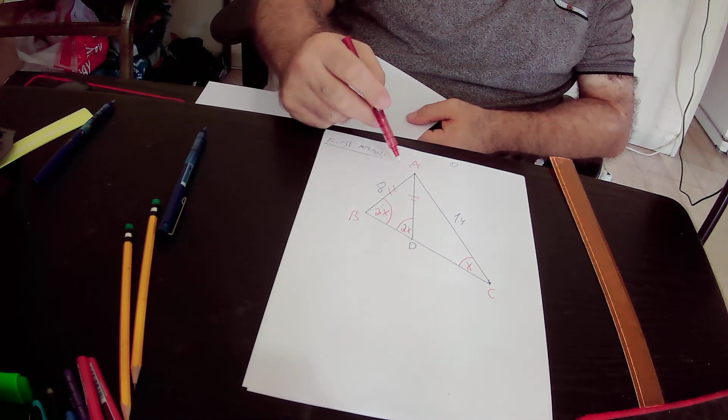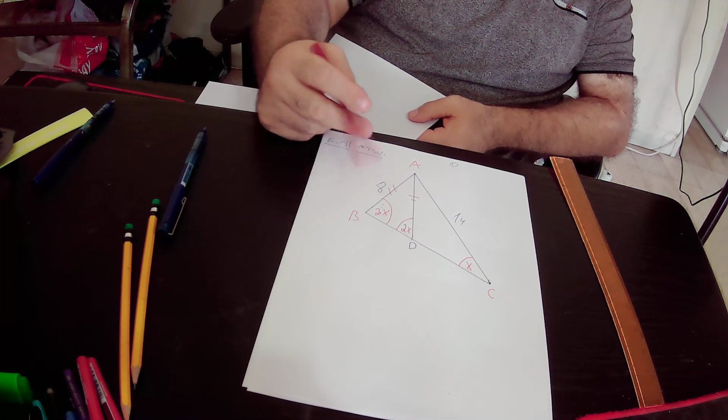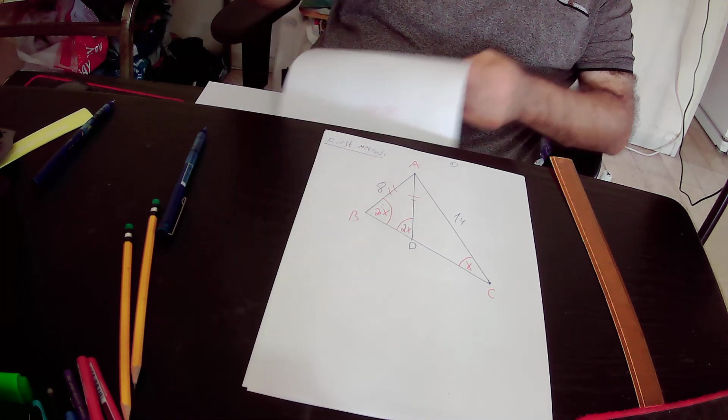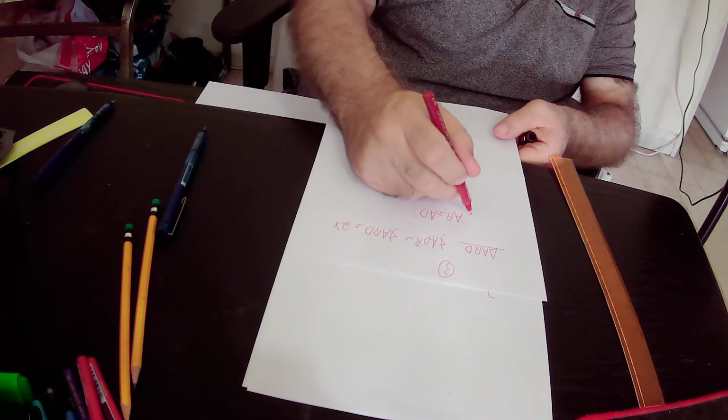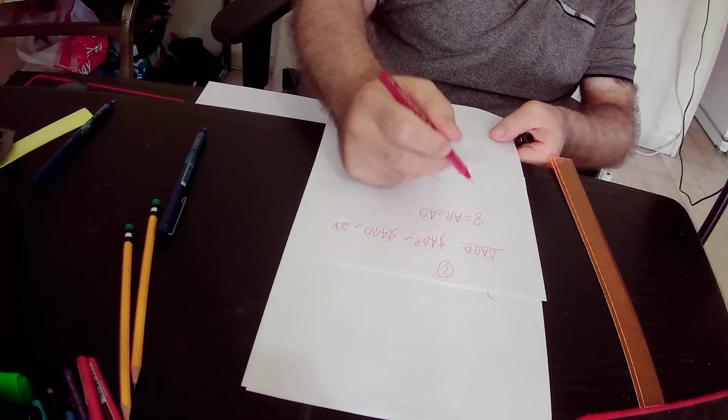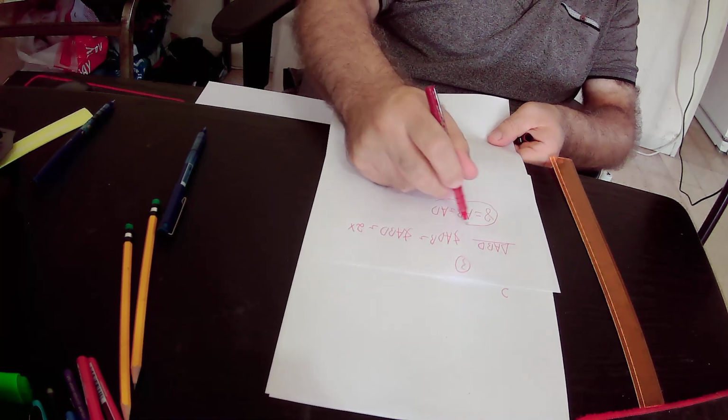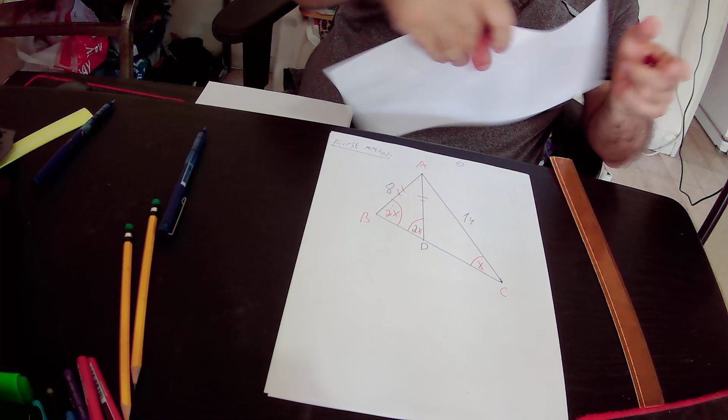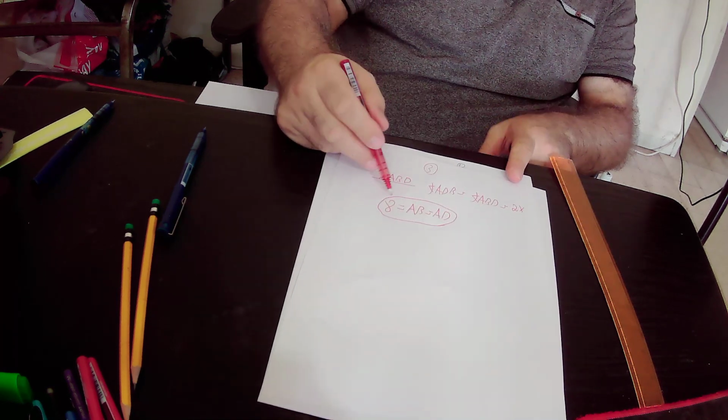But we know that AB equals 8 units. It is given in the question that AB equals 8 units.